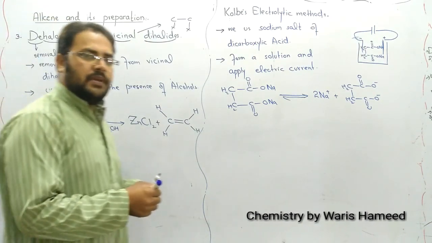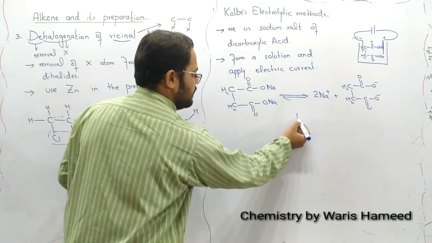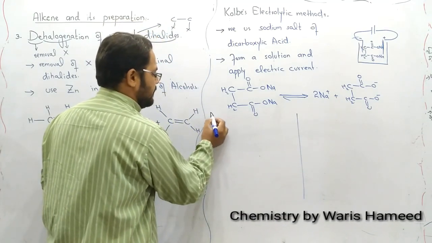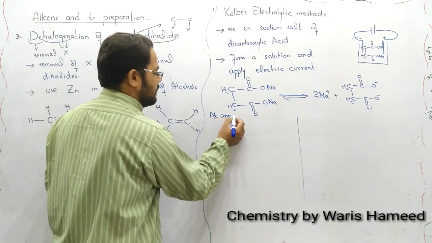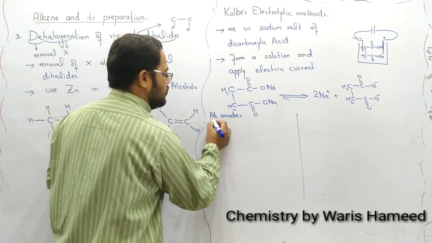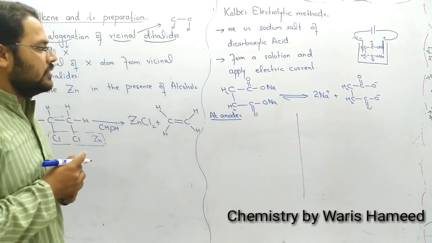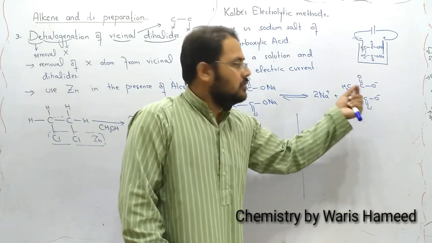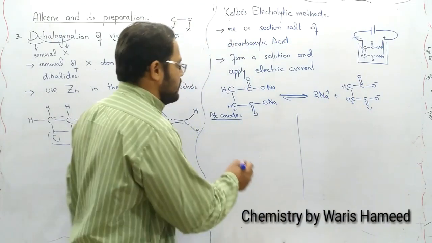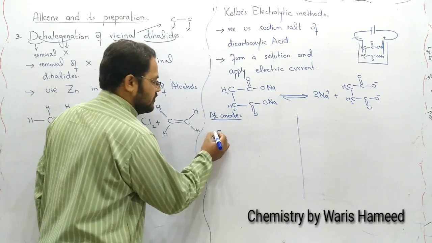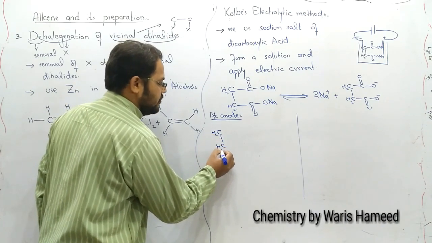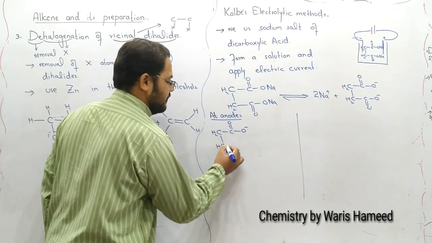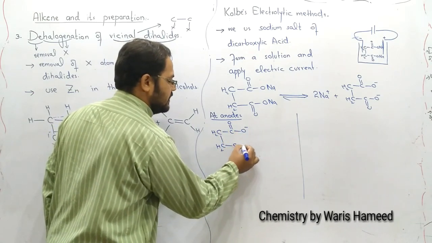Now what will happen at the anode? We know that the anode has positive charge, so this negatively charged ion will go toward the anode: CH2 single bond CH2, C double bond O, O negative, C double bond O and O negative.